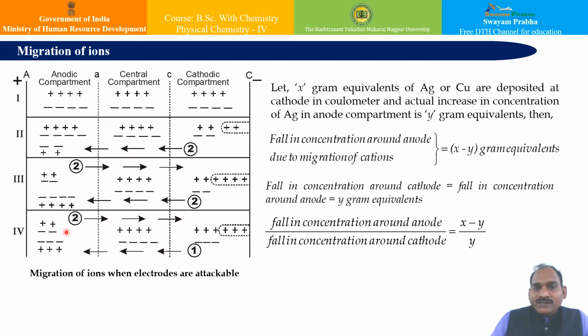And you can actually find out the deposition of silver or copper on each of the electrodes, or measure what fraction of transference of the particular ion from one electrode, and the constant increase in concentration in the other compartment, that we can record.